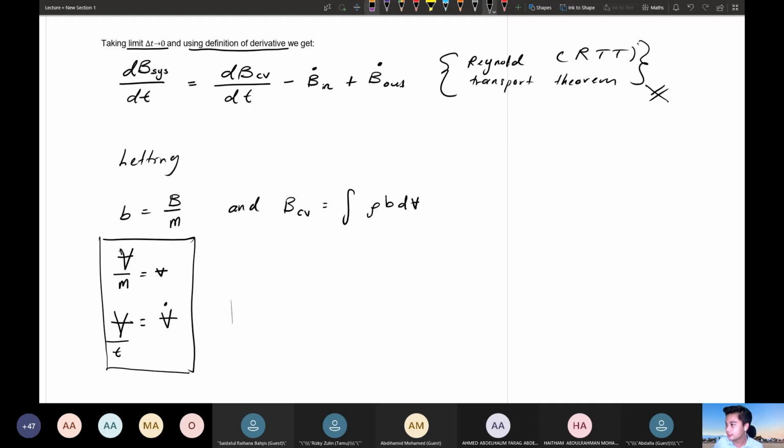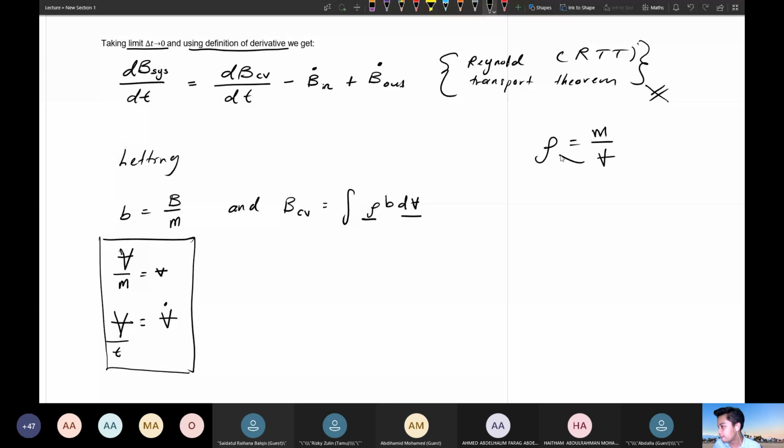So from here, let's proceed. B equals the integral of density b dV. We look at here, the density and V, you know density equals mass over volume.